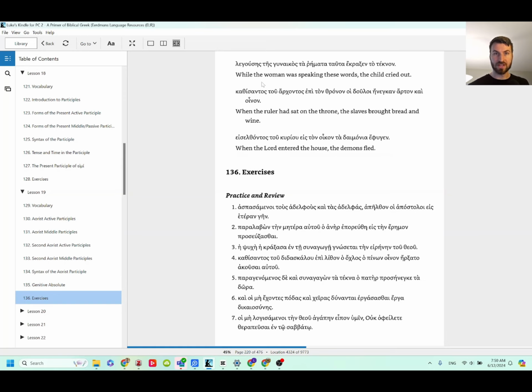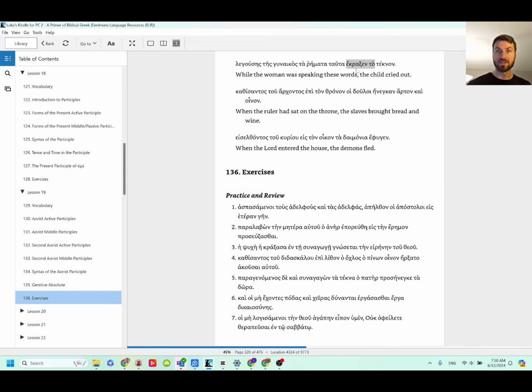Looking at these examples, you see legouses tes gunaikos ta remata tauta. Here you have woman in the genitive and legouses in the genitive. We translate this as "while the woman was speaking these words, the child cried out."